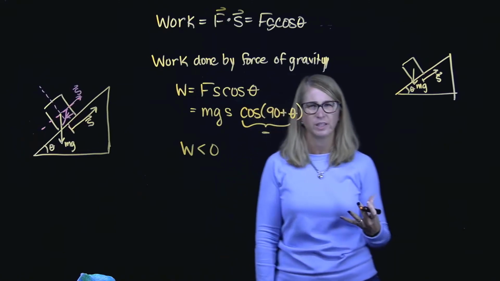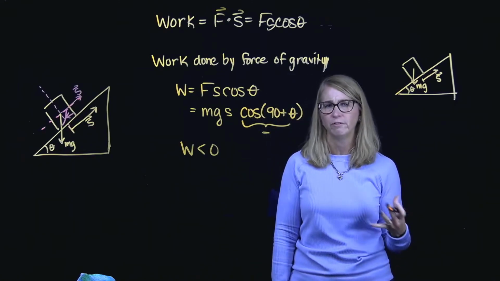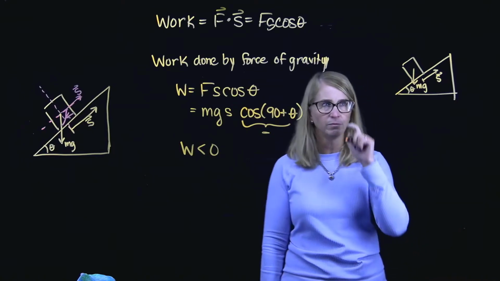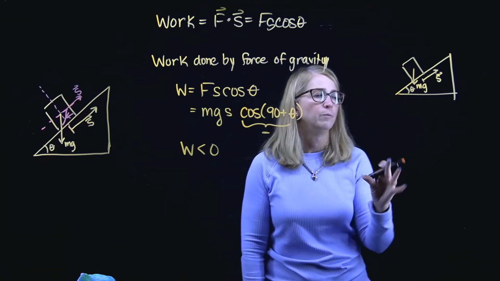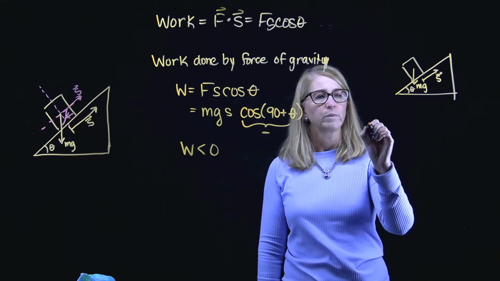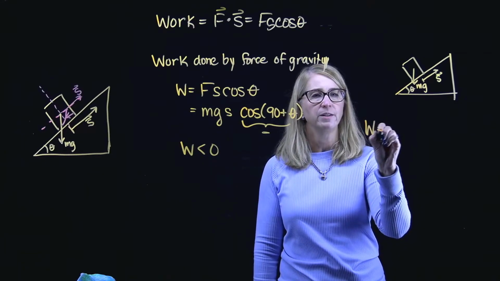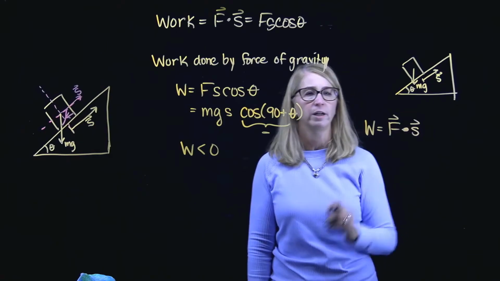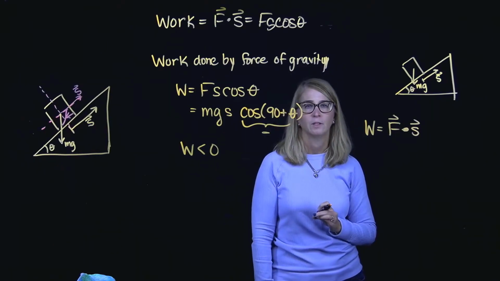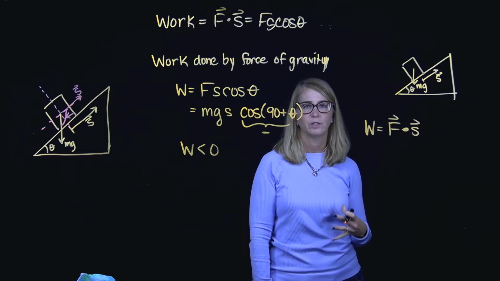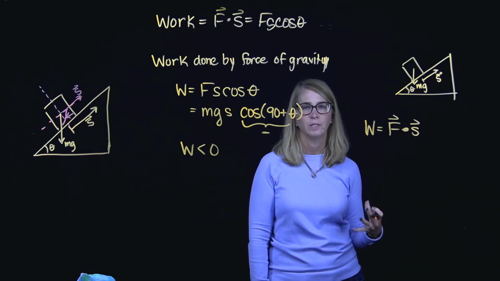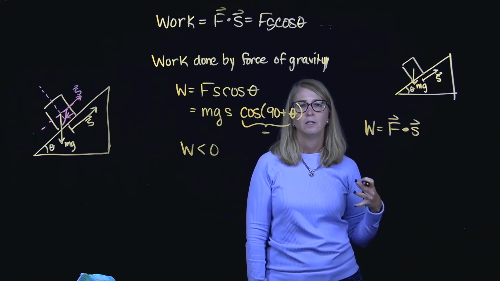But another way we could think of it is by writing in unit vectors in terms of what the displacement might look like. And so, for instance, we can really embrace the idea that this force is a dot product. And so we could write the forces and the displacement in terms of unit vectors.